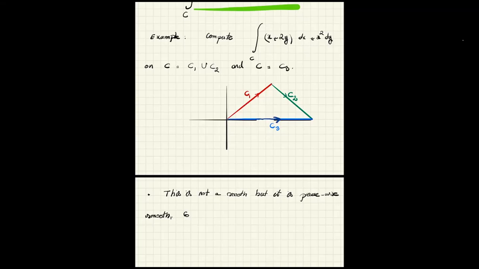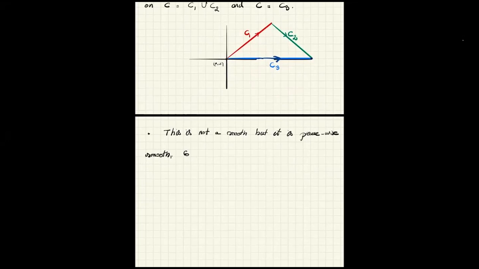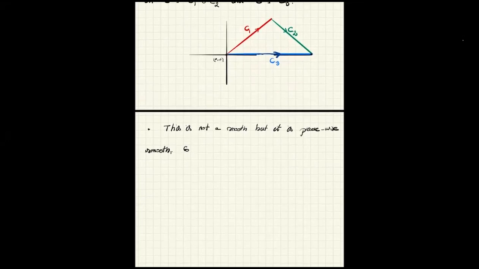We would like to compute the integral on C1 and C2, and then do the same thing for C3, and observe that although it has the same endpoints, starting from the origin (0,0) and ending at this point here, it depends on the path that you take. That's going to introduce us to conservative vector fields.